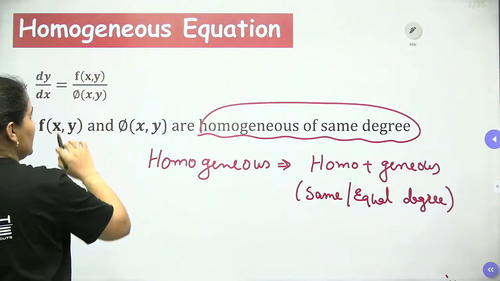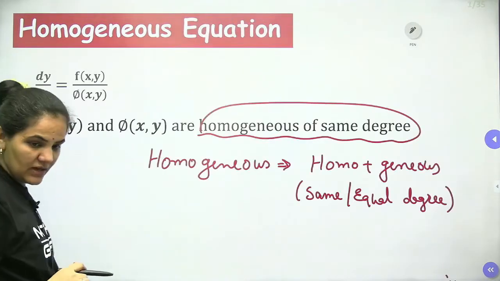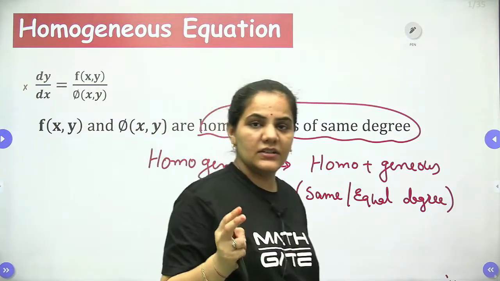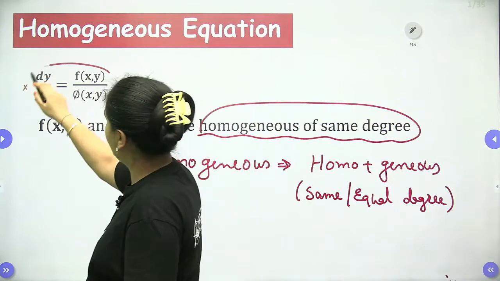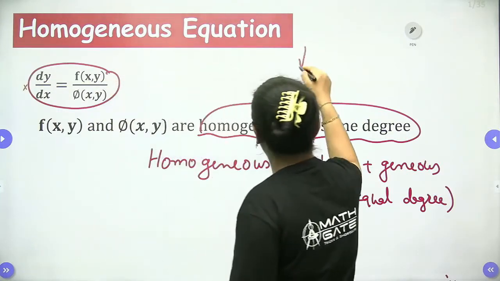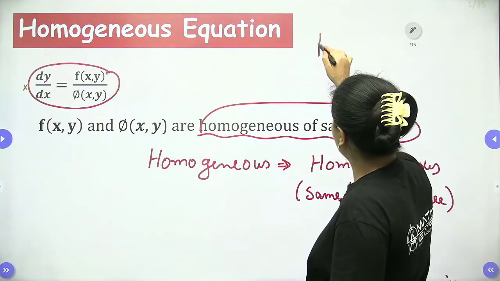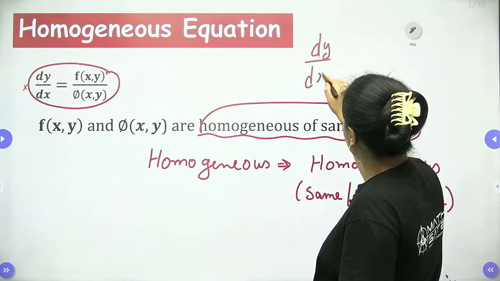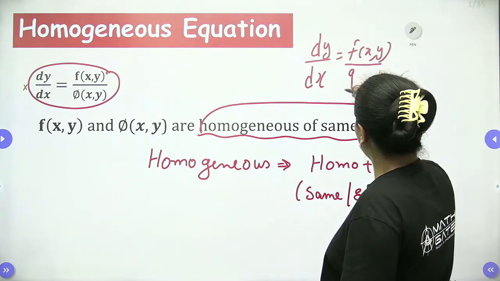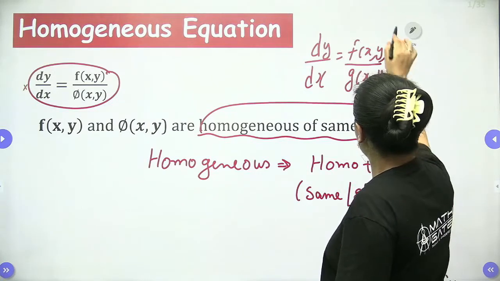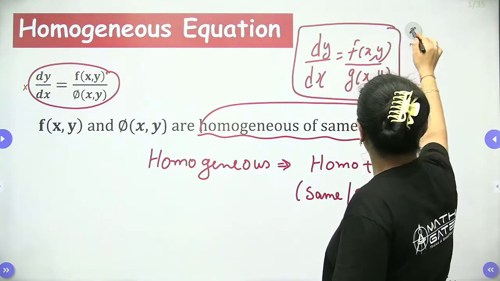Suppose we have a differential equation in a form like this. If you don't want to write phi, let me write it in a simpler manner: dy by dx is equal to f(x,y) divided by g(x,y). This is also possible, right?